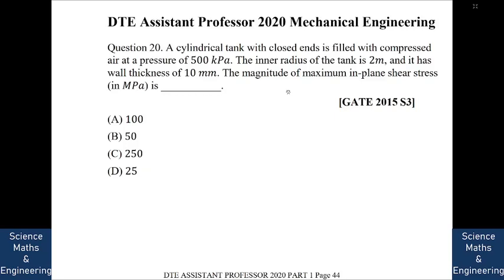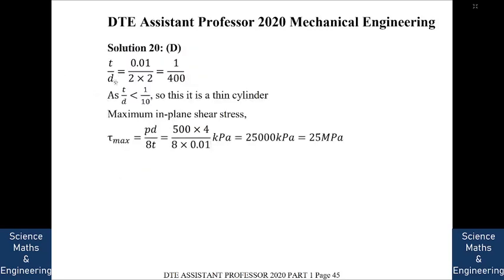The magnitude of maximum in-plane shear stress is, so the answer is, see, here t by D is equal to 1 by 400. So as this is less than 1 by 10, it is a thin cylinder. Now maximum in-plane shear stress would be tau max is equal to PD by 8t. So from here we get the maximum stress is 25 megapascal.